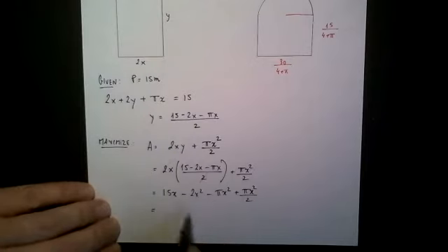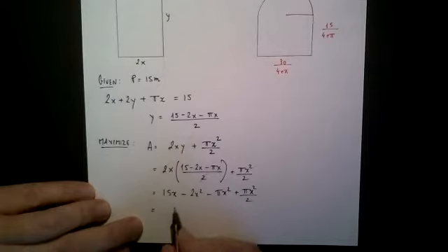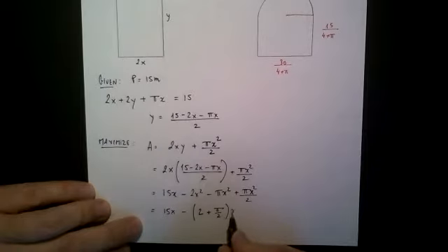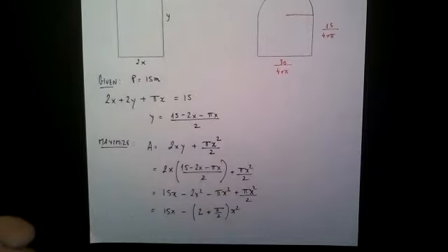I'm going to combine the x squared terms together. So I have 15x minus 2 plus pi over 2 times x squared. So this is what happens if I simplify this expression.